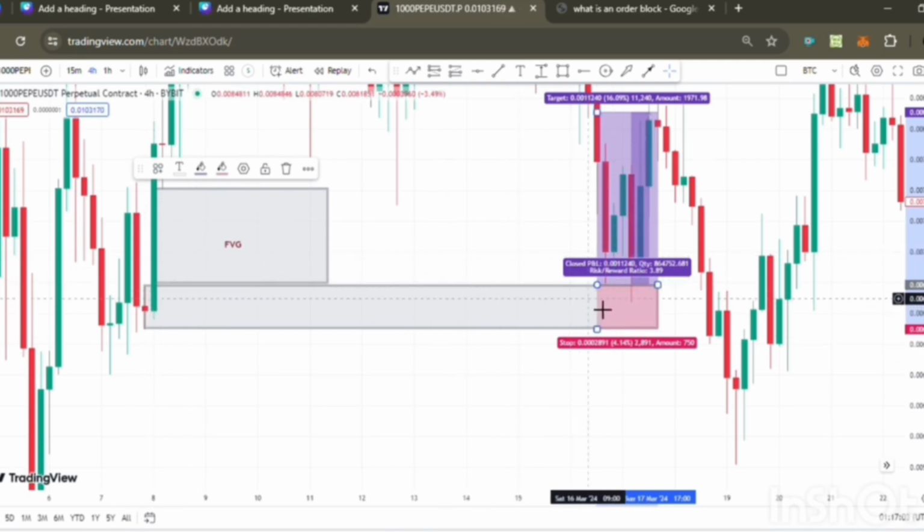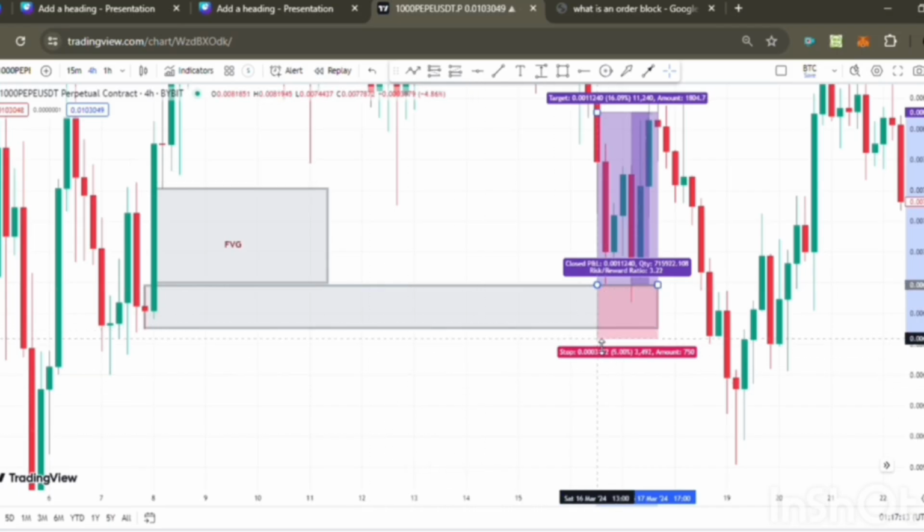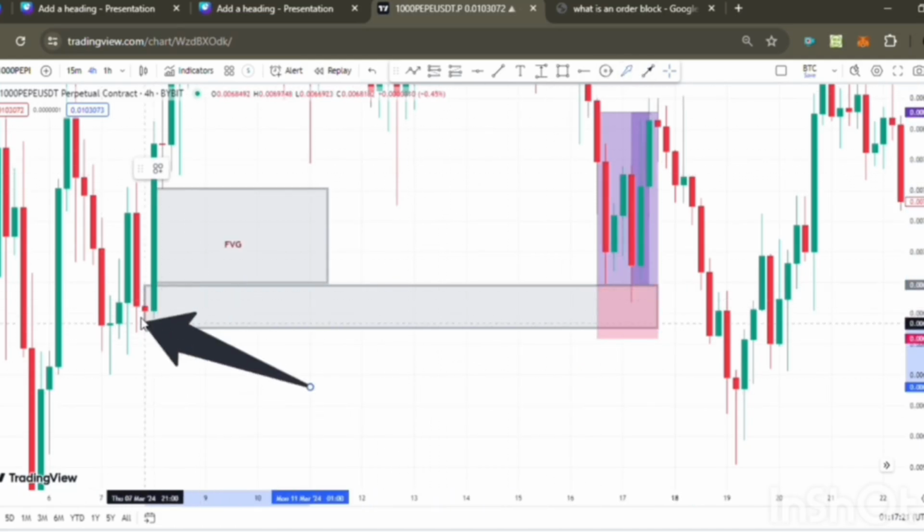In fact, there's a high possibility of your entry triggering, but the risk is high because you will be trying to cover the lower wick, especially when the wick of this order block is large. You may not see that you are exposing yourself to too much risk in the market.